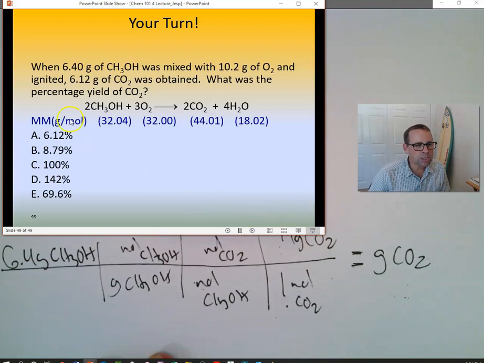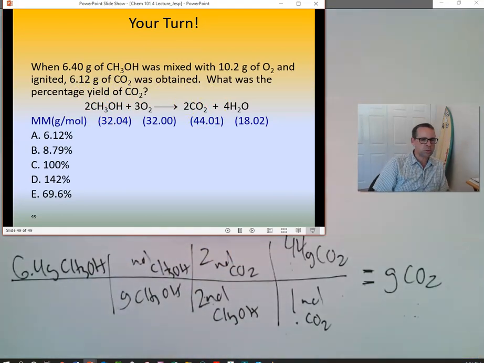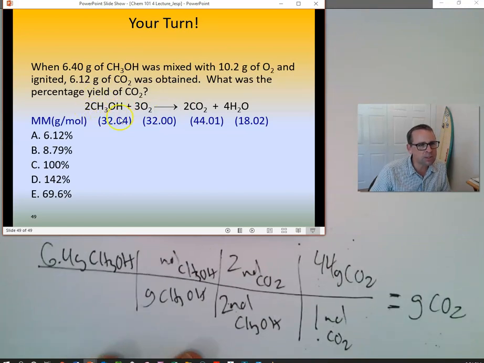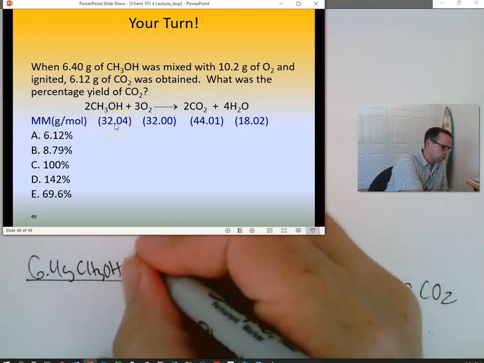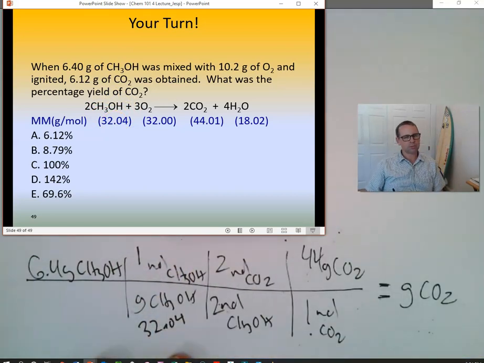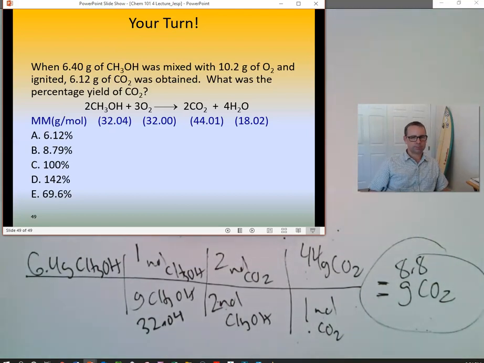I can look at the equation and see that 2 CH3OHs go in and 2 carbon dioxides come out. So that's a 2-to-2 ratio there. And I can also look and see that the molar mass of the CH3OH is 32. So 1 mole is 32.04 grams. All right. I put that in my calculator. 6.4 divided by 32 times 2 divided by 2 times 44. That's 8.8 grams of carbon dioxide.